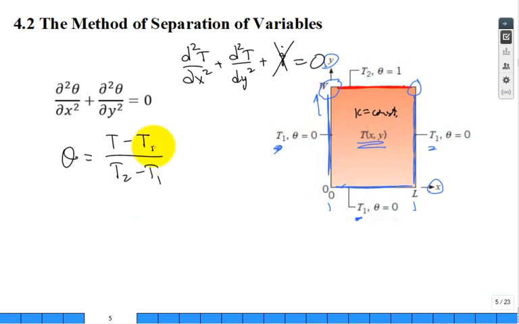Along this bottom edge, they say theta is equal to 0. If along this bottom edge I put in that the temperature is always T1, well then I have T1 minus T1, so the numerator is always 0. All right, they say along the top edge, theta is equal to 1.